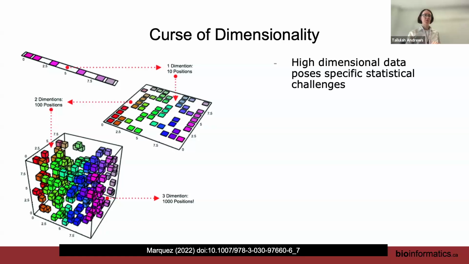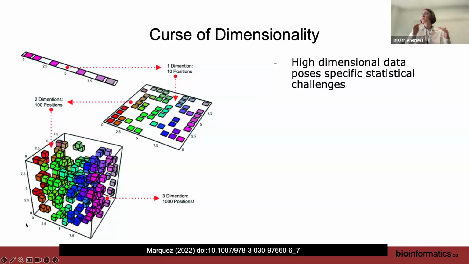If you see this one-dimensional line, that would be the expression of one gene, maybe GAPDH. In the two-dimensional case, we might have the expression of GAPDH and ACTB. In the three-dimensional case, we might have GAPDH on one dimension, ACTB on another, and P53 on another.